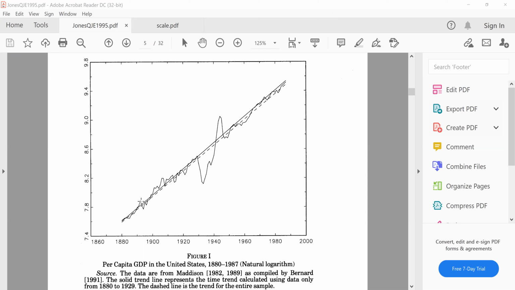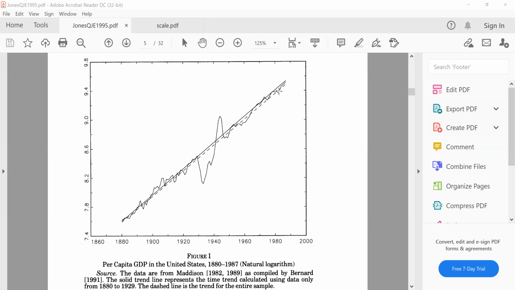So in this figure, what you see is the actual evolution of GDP per capita. The solid line that fluctuates is GDP per capita in the United States from 1880 to 1980. In a 100-year sample, we observe this fluctuation, but the trend line, the slope of which gives you the long-run growth rate, is roughly constant.